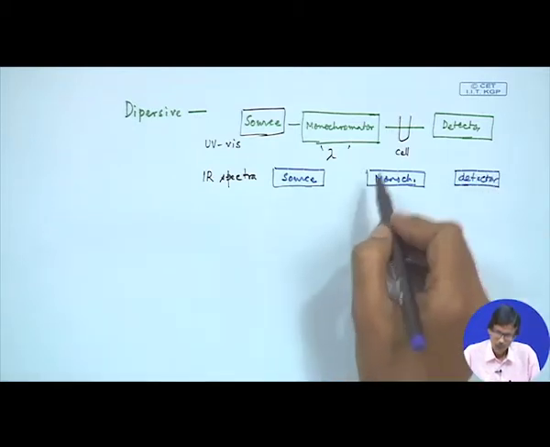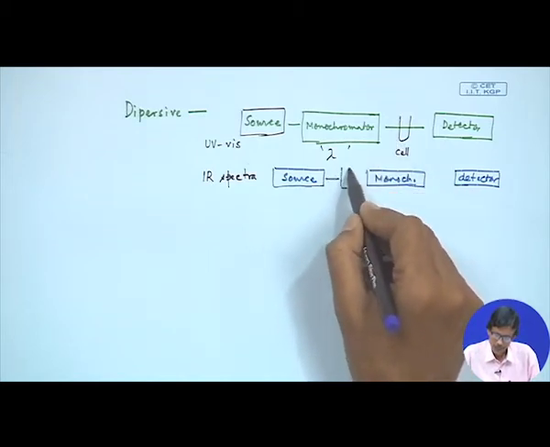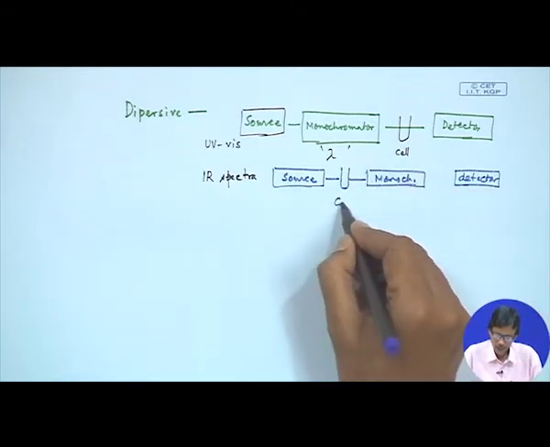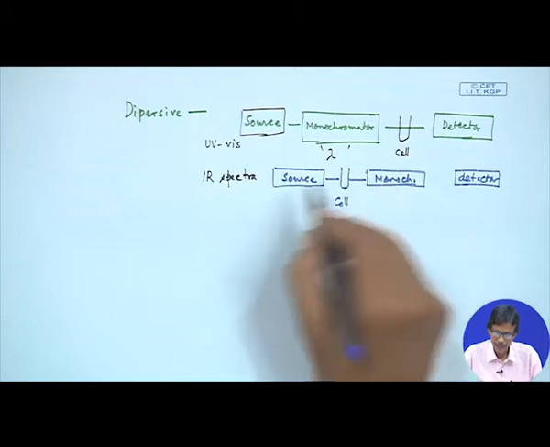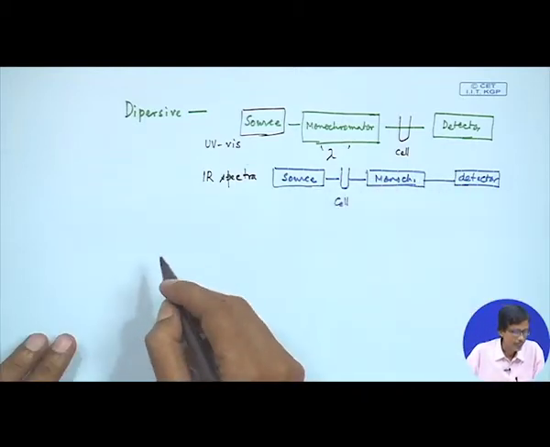Okay. Now, we will bring this cell basically over here, because energy is less in case of IR radiation. So, now we have the cell which can be placed in between your source and monochromator, and then we can have the detector.